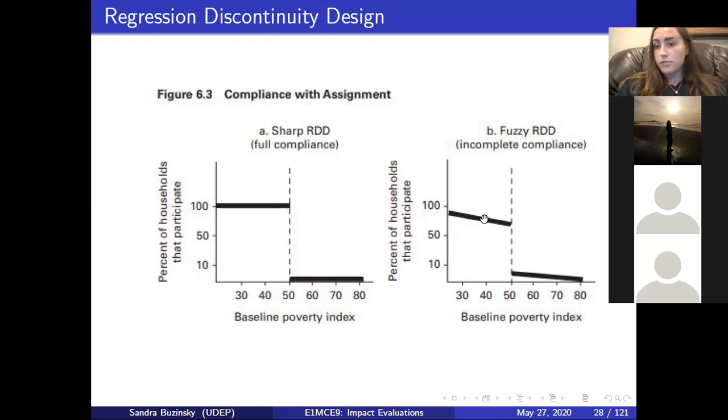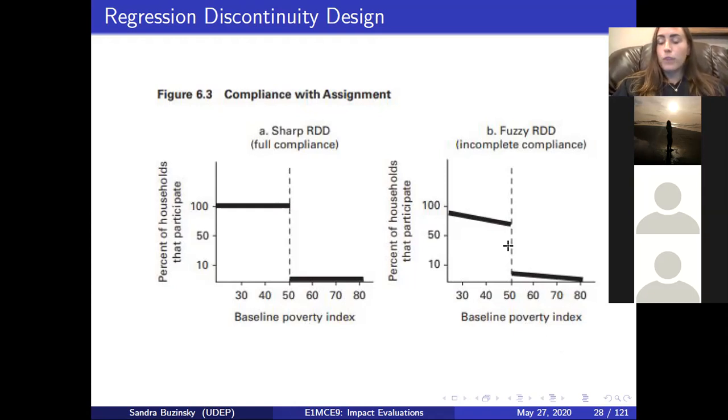It's pretty close to 100%, so it's almost full compliance, but it's still incomplete. And on the control side, when you're above 50 on the poverty index, you're not supposed to access the program, but for some reason there is some probability of accessing it.